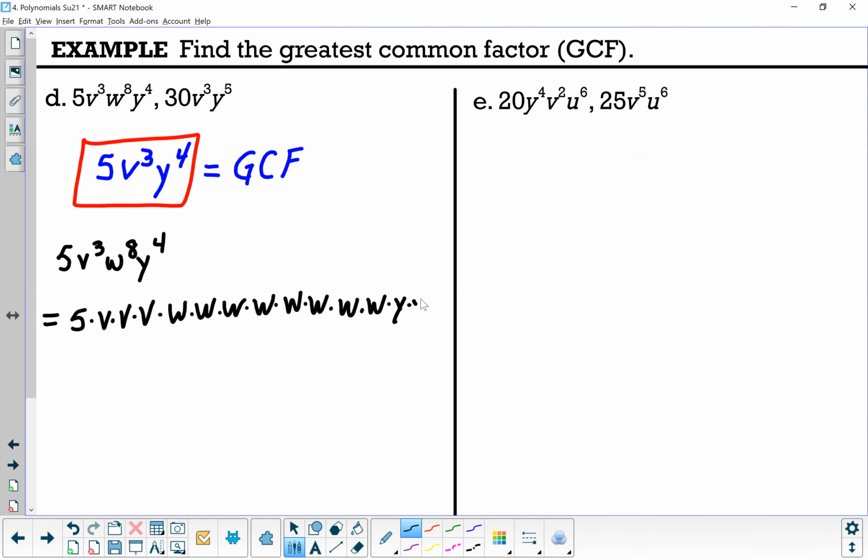Awesome. And then 4 factors of y. So as you can see, it is impractical to always write out the prime factorization.